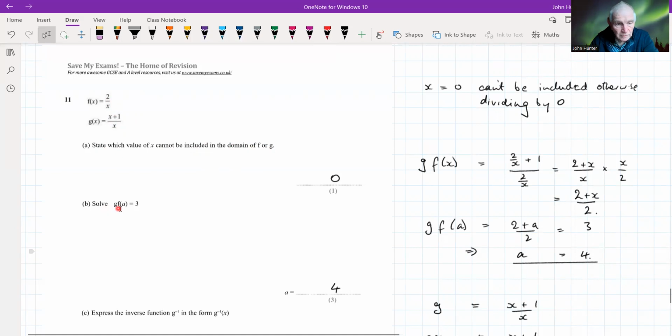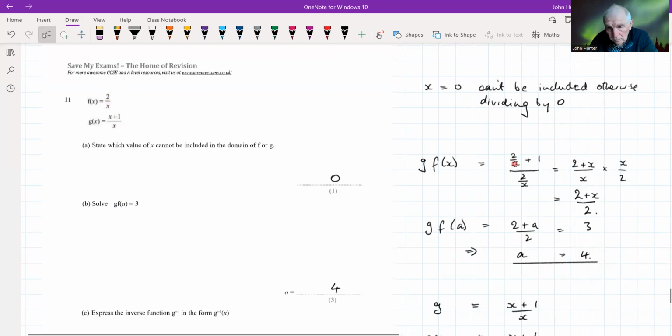So solve g of f of a equals 3. Well, first of all, we've got to work out what g of f of x is in order to do that. What we're doing is substituting f of x into g of x. For every value of x in here, we're going to put the f of x.